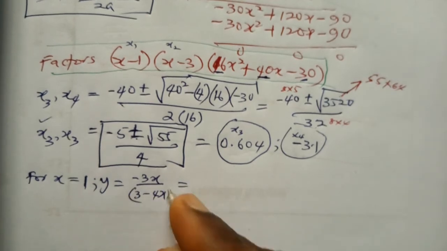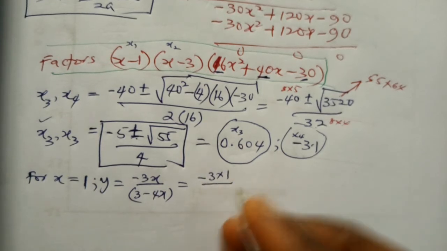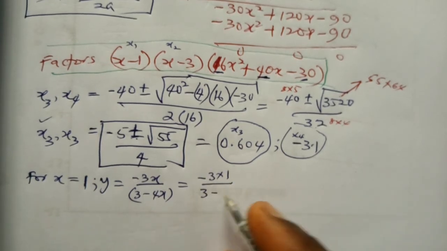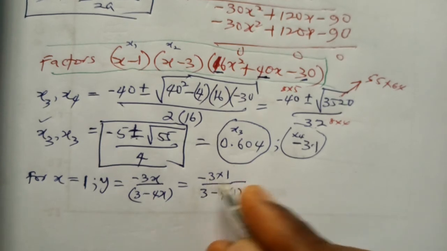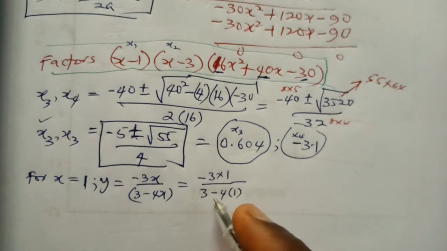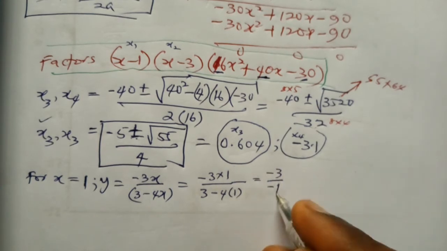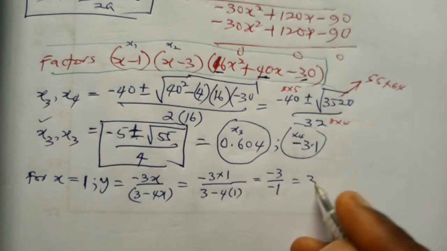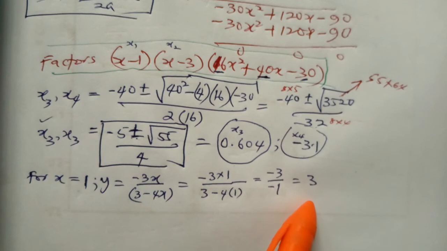Let me write it down. So that is minus 3 times 1 over 3 minus 4 times 1. So you see that this is minus 3, while this is 3 minus 4, which is minus 1. So that's minus 3 over minus 1. So the answer is 3. So for x equal to 1, y is equal to 3.